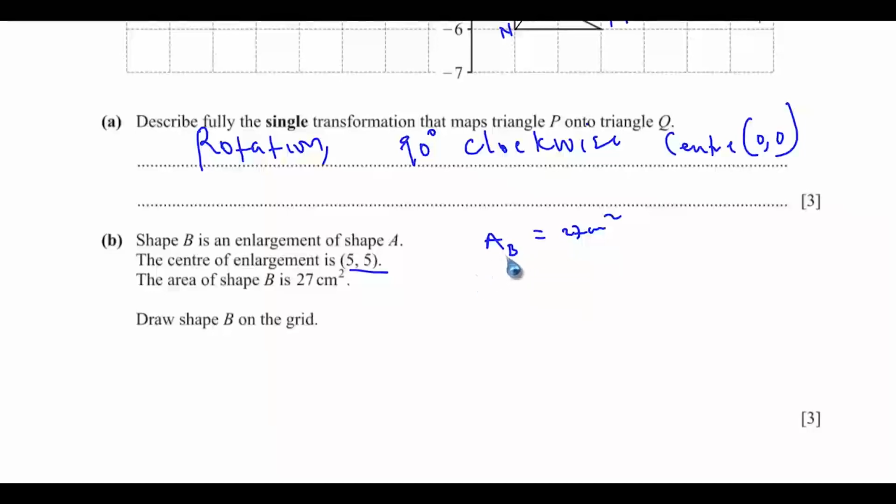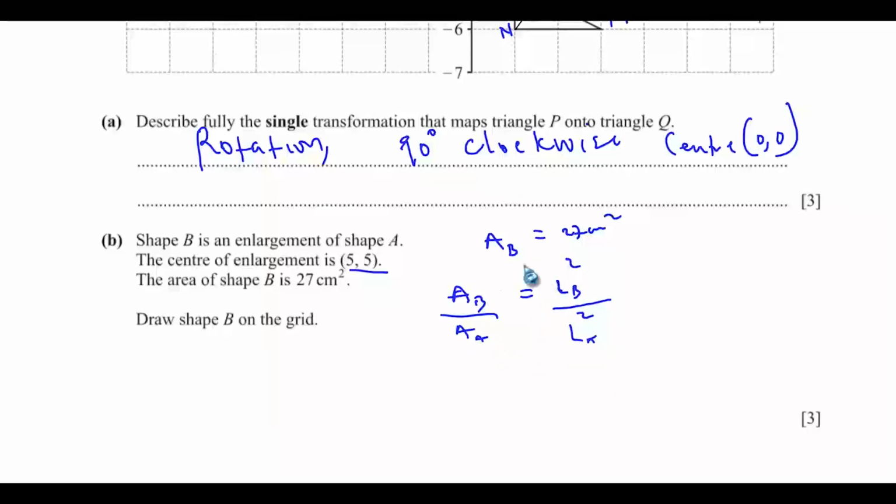The area of B divided by the area of shape A must be equal to the square of their corresponding sides, which will give us the scale factor. So I can say, let's say LB for shape B, squared, over LA for shape A.